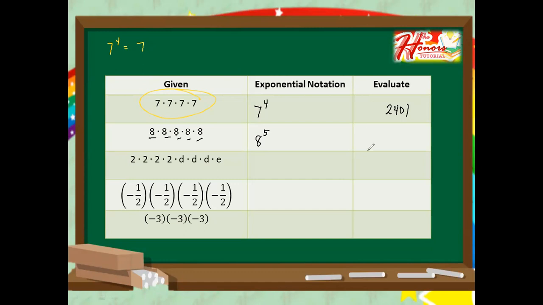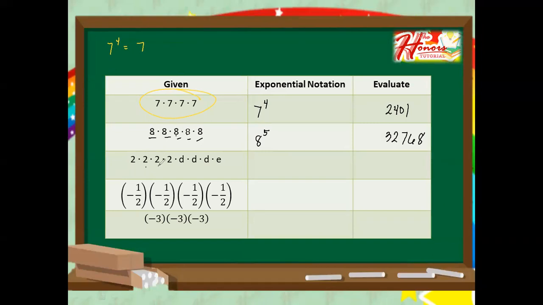That is 32,768. It is because 8 times 8 is 64 times 8, 512 times 8, 4,096 times 8, that is 32,768.